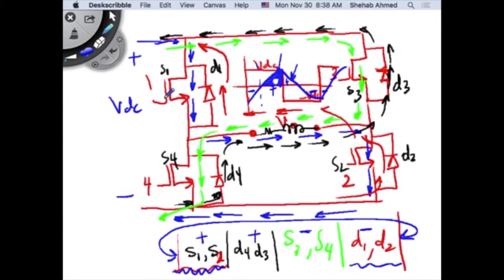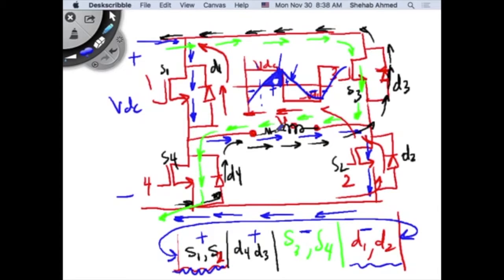As soon as you turn off the switches, current will flow through the diodes. What if you didn't want that? If it flows through the diodes, you cannot interrupt it. What if you want to interrupt it somehow? You will turn on S3 and S4 afterwards, right?